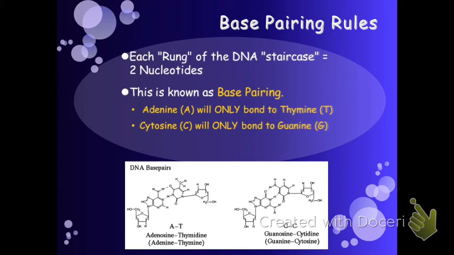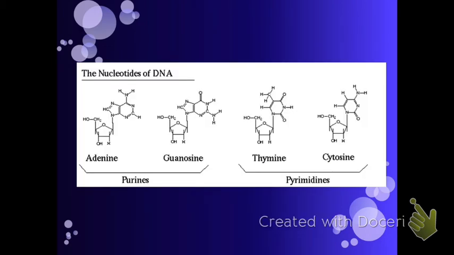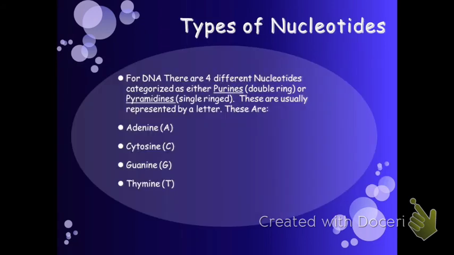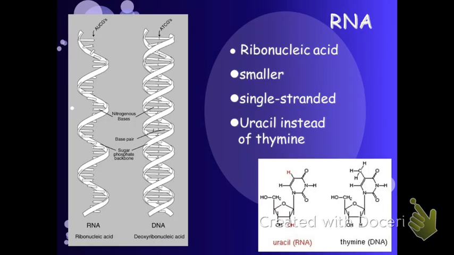A always bonds to T, and C always bonds to G. A with T and C with G, always, for our purposes. When we get later into genetics, we'll talk a little bit more about what happens if they don't bond together. So DNA is going to have A, G, C, and T.